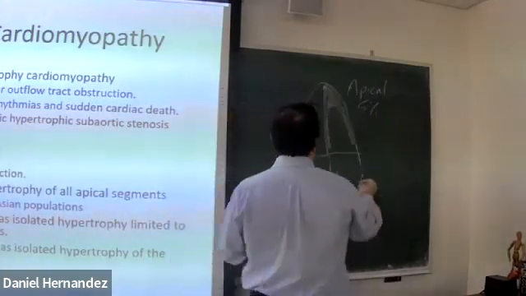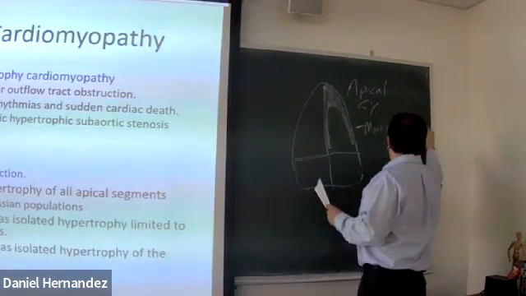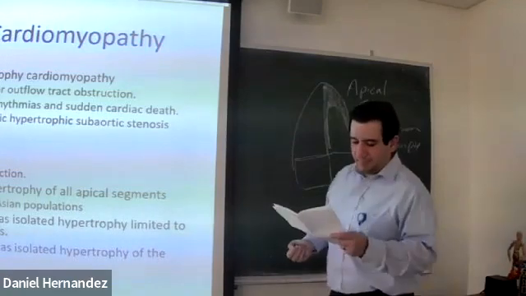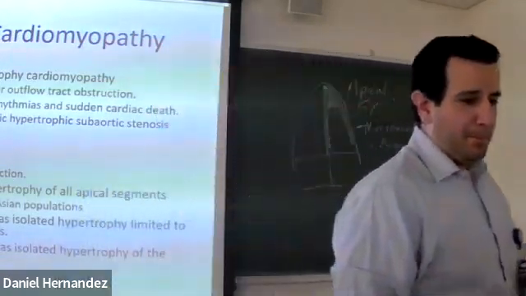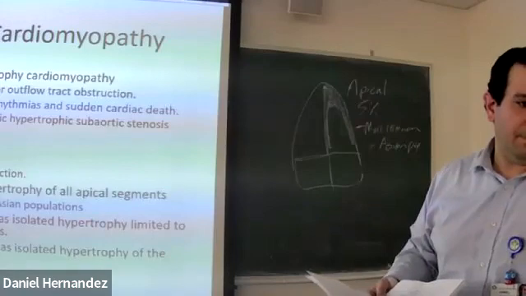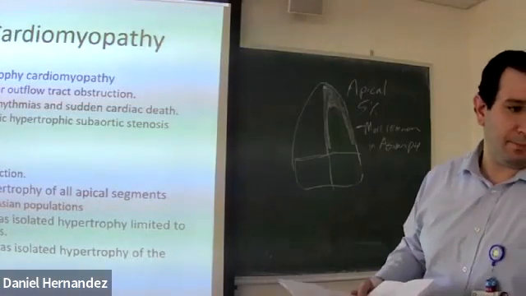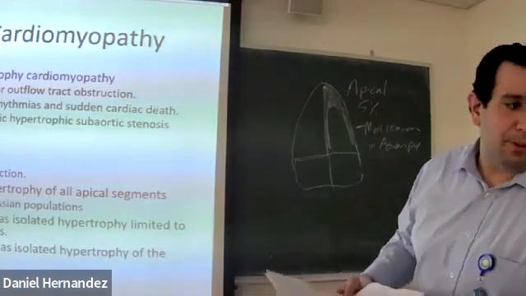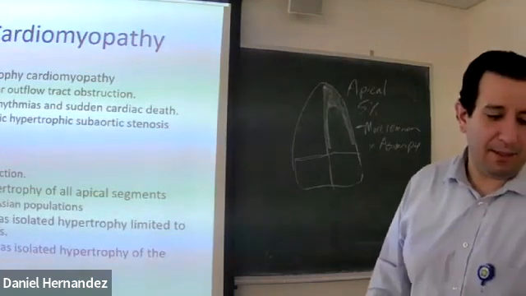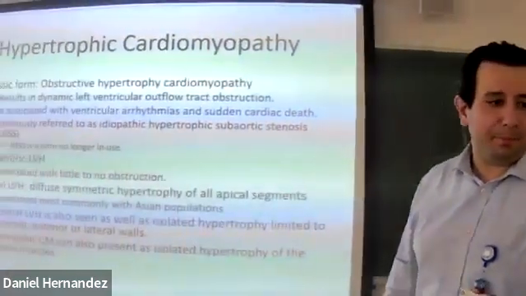Apical hypertrophy is more common in the Asian population. We can also potentially see some other hypertrophies that can be isolated, say, to the papillary muscles. Though this is, again, not very common.